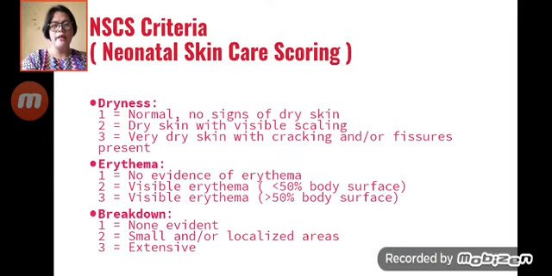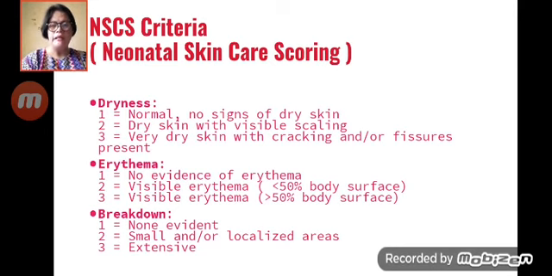Moving on with the NSCS criteria, which is the Neonatal Skin Care Score. We have three categories in the NSCS criteria: dryness, erythema, and of course the breakdown. When we score them 1, it means the patient has normal skin with no signs of dryness, no evidence of erythema, and no evidence of breakdown.